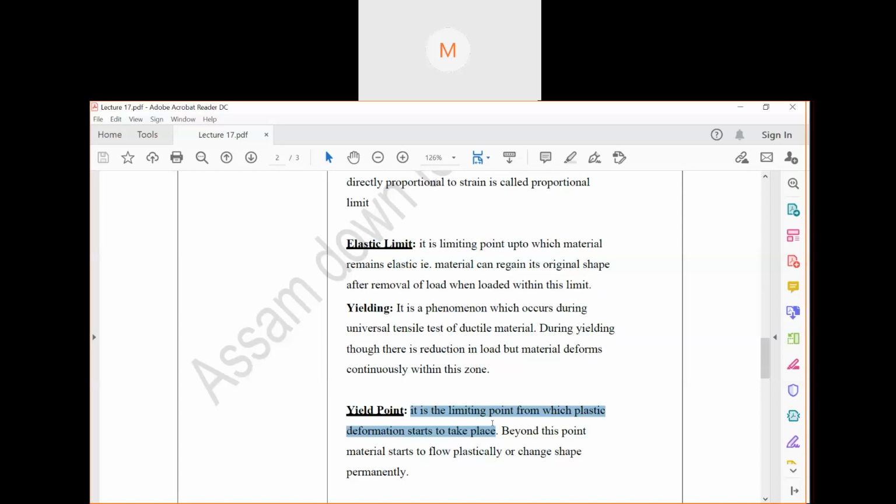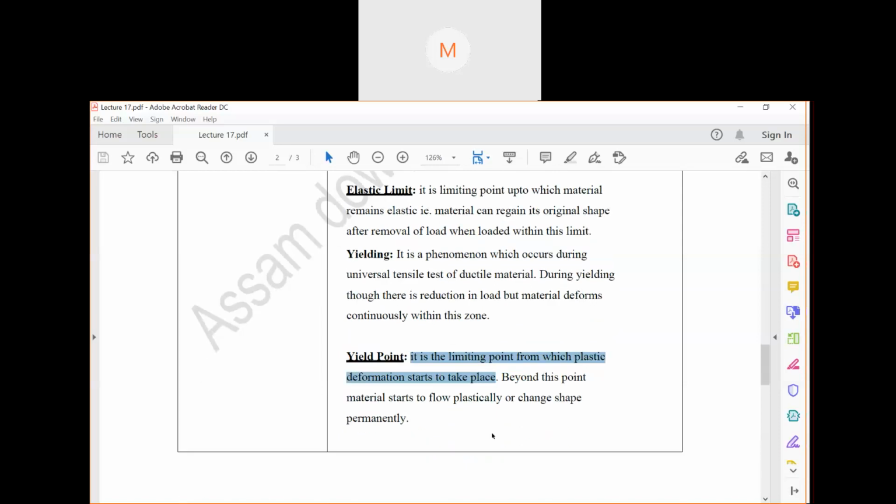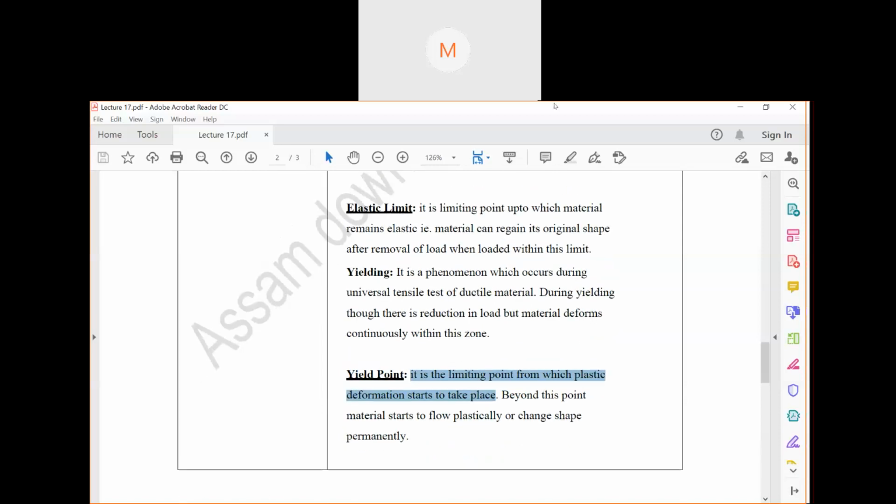No? I'm not getting any answers. Are you people hearing me what I'm saying? Students, are you people hearing me? Sir. Yeah. So then say me an answer. If you know, if you don't know, you say don't know. Do you know the difference between elastic and plastic? If you don't know, you say don't know.